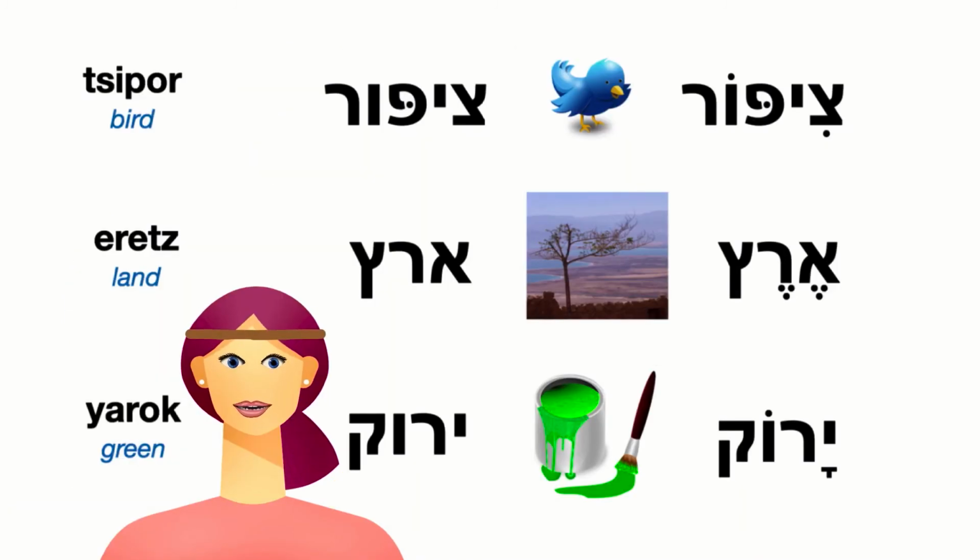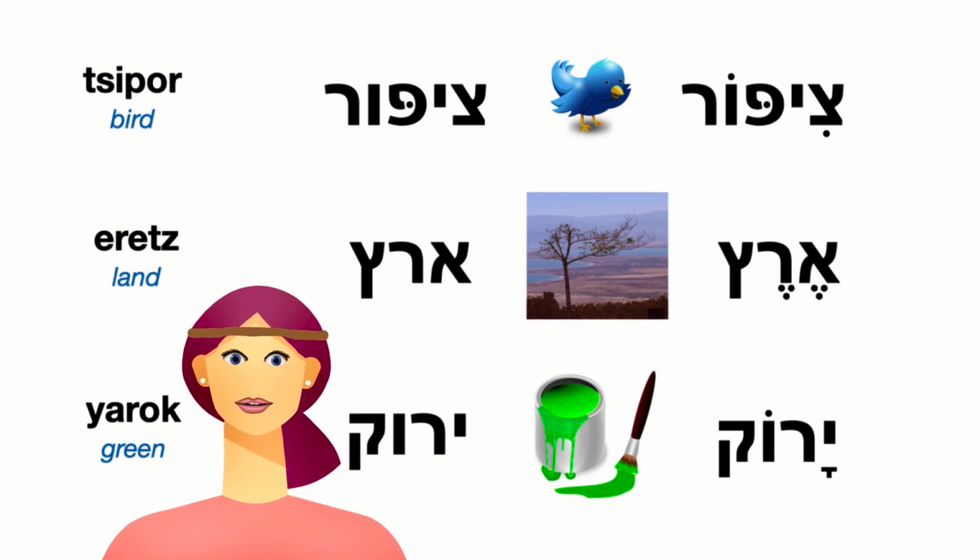Now, let's review the letters and words we've seen. Can you identify the letter tzadi? And can you spot tzadi soffit? Now try to spot the letter kuf. And finally, spot the letter resh.